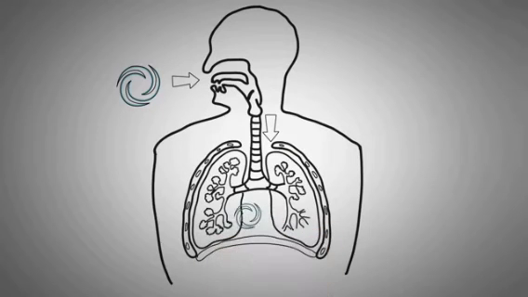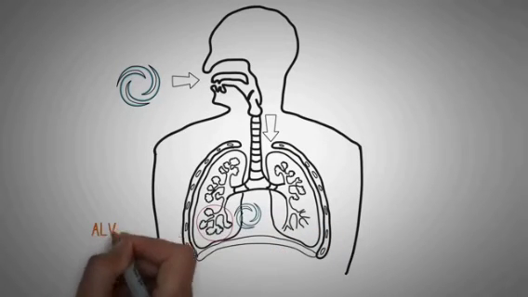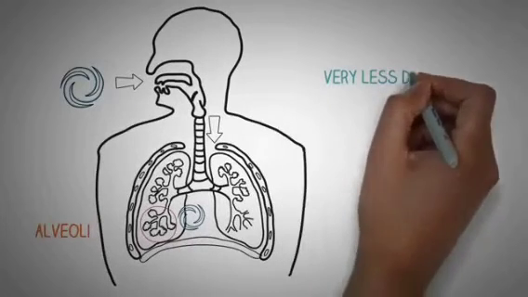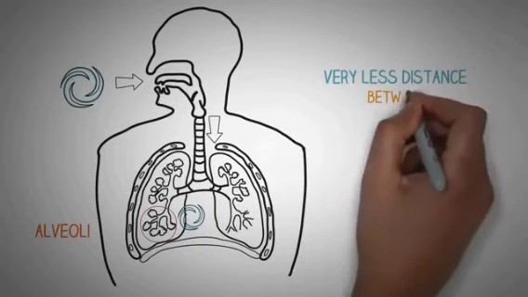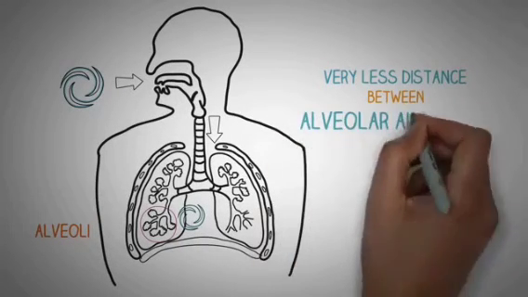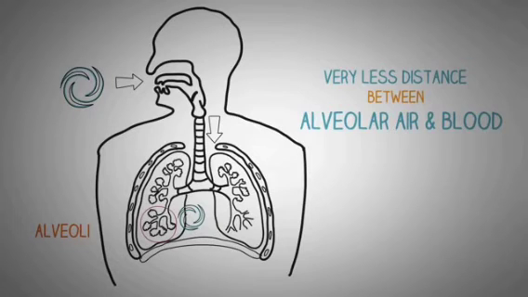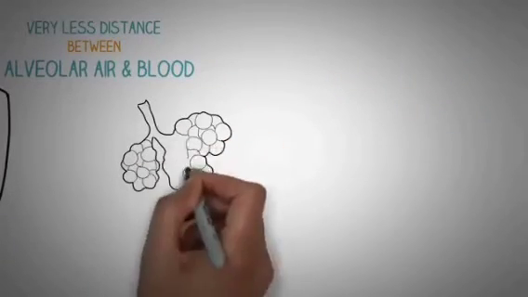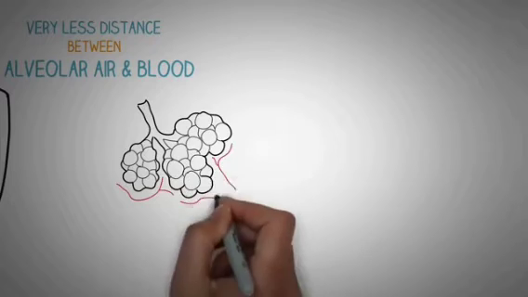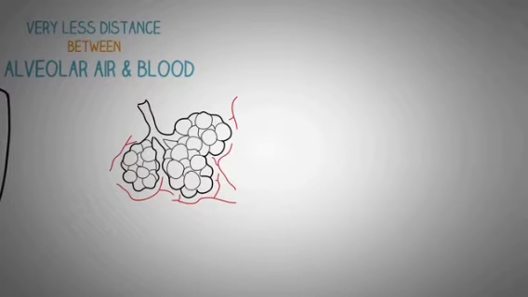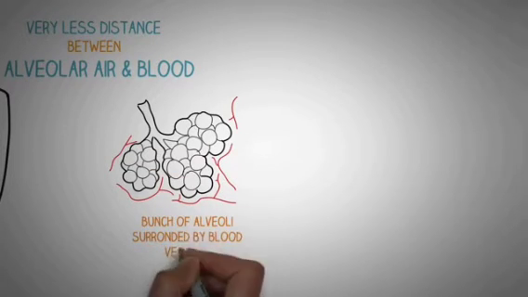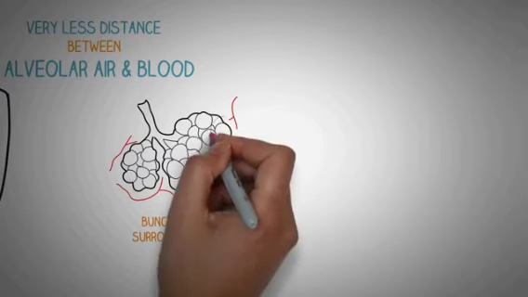The primary function of the respiratory system is to take in oxygen and eliminate carbon dioxide. Inhaled oxygen enters the lungs and reaches the alveoli. The layers of cells lining the alveoli and the surrounding capillaries are each only 1 cell thick and are in very close contact with each other.